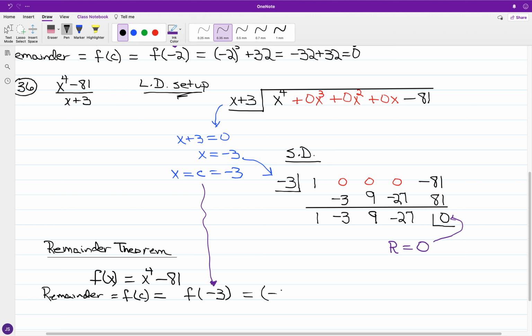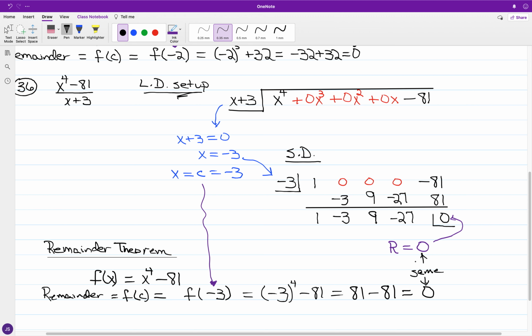So we're going to have negative 3 raised to the fourth minus 81, and negative 3 raised to the fourth power is 81, and taking away 81, once again we had the result to be 0. So once again we have the same outcome for the evaluation of the remainder.